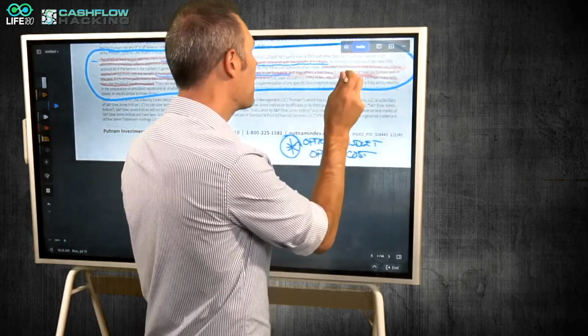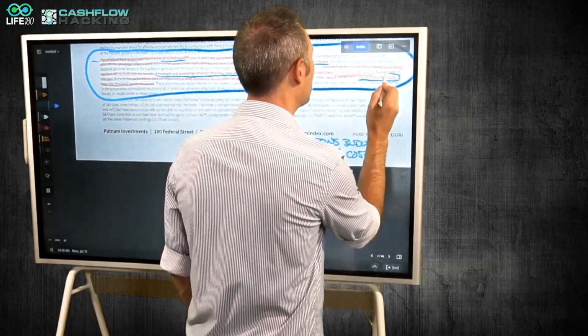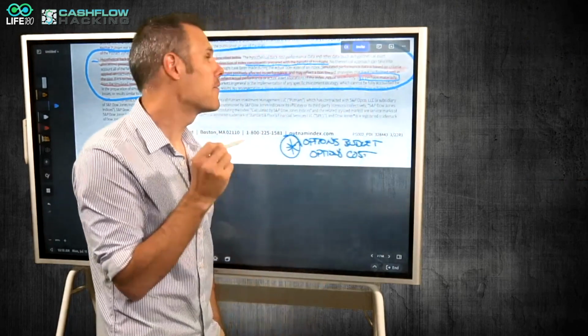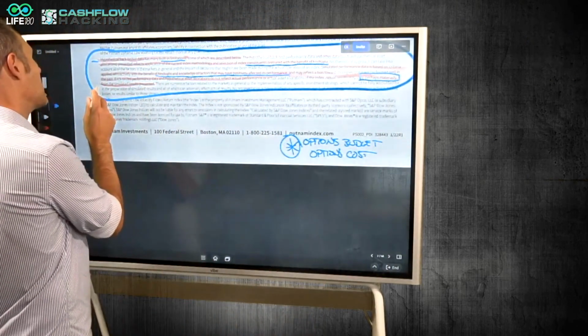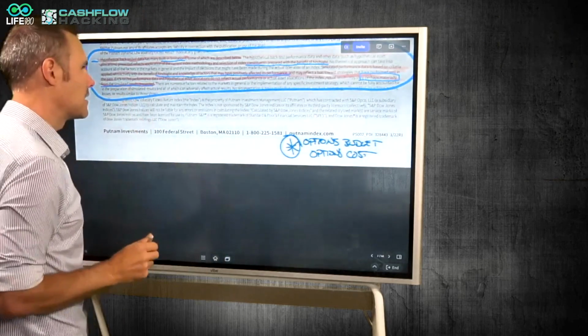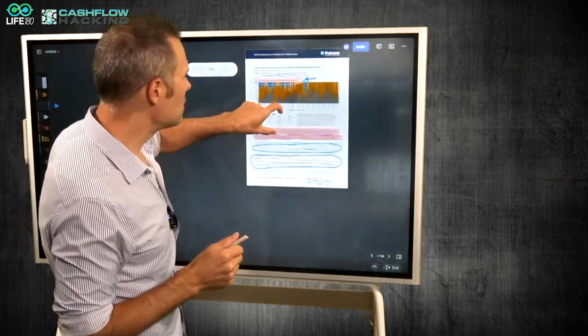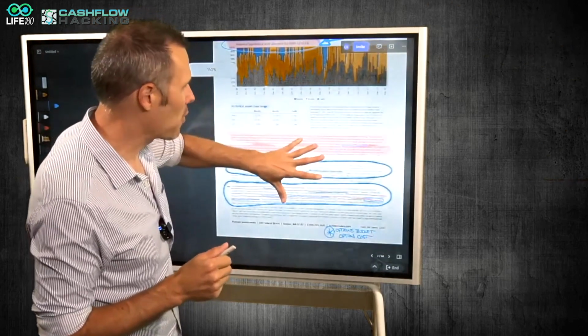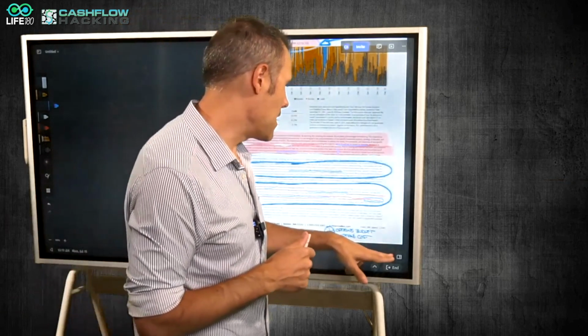Actual results may vary, perhaps materially, perhaps significantly. That's the legal word for significantly, materially, from its simulated results presented. So the fine print here is so important to understand. All right, so that's that part.